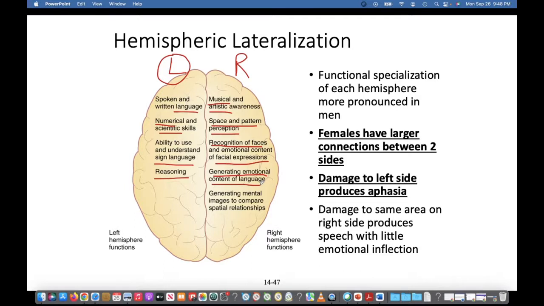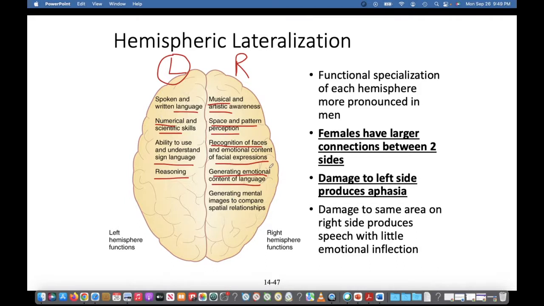When you hear me lecture, you'll hear an affect to my tone and I change my voice and I try and make it engaging. But then there are some people that speak this way, and when they talk, there is no emotional content to it. It helps you understand that the right side of the brain is not working too well. People that speak this way tend to be very good at math and numbers. Okay, hopefully you see the connection there.